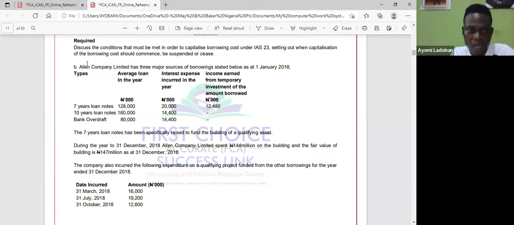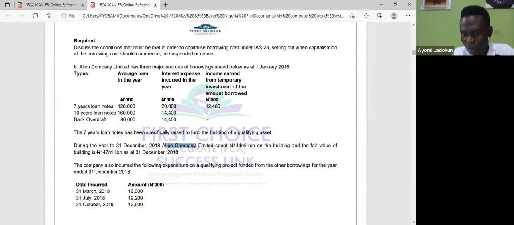He said, Allen Company Limited has 3 major sources of borrowing. So we're given a 7-year loan, a 10-year bank overdraft. The 7-year loan notes have been specifically raised to finance the building of a qualifying asset. During the year to 31st December 2018, Allen Company Limited spent 114 on the building, and the fair value was 147.